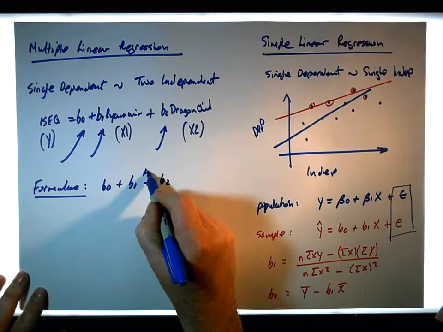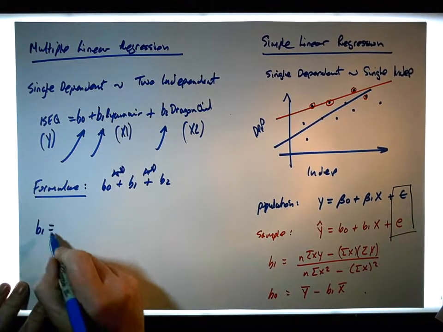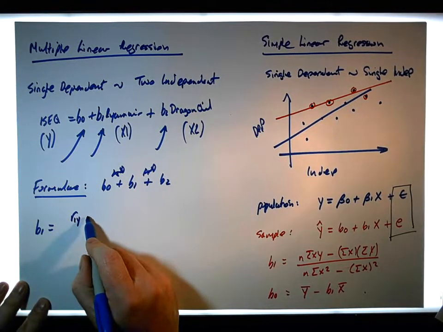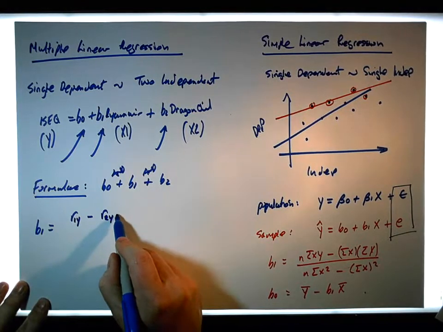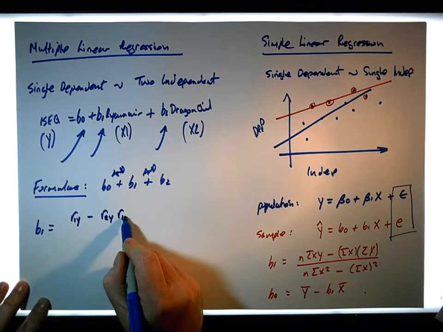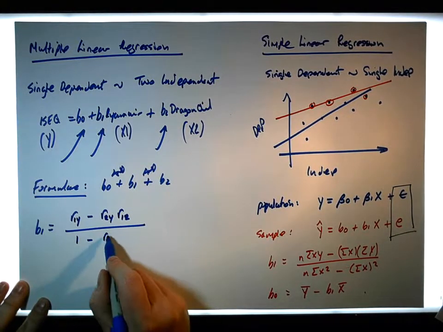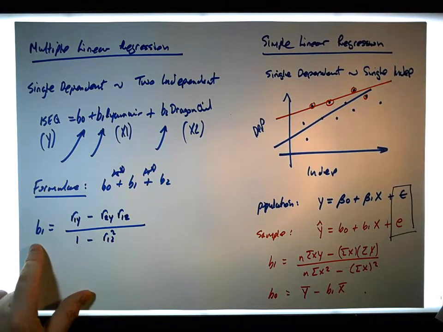From a correlation perspective, B1 is simply equal to the correlation between the first independent variable and the y, minus the correlation between the second independent variable and the y times the correlation between the two independent variables, 1 and 2, divided by 1 minus the square of the correlation between 1 and 2. So that's what B1 is, and it's easy enough to calculate from a correlation perspective.